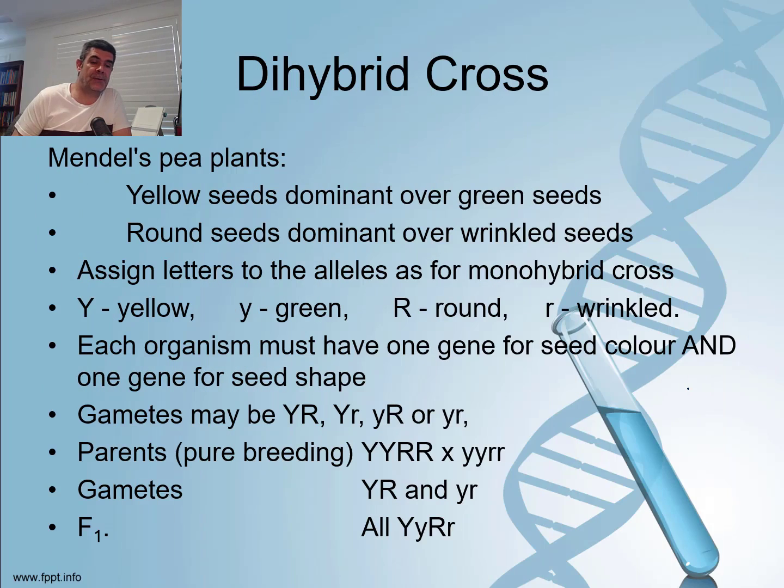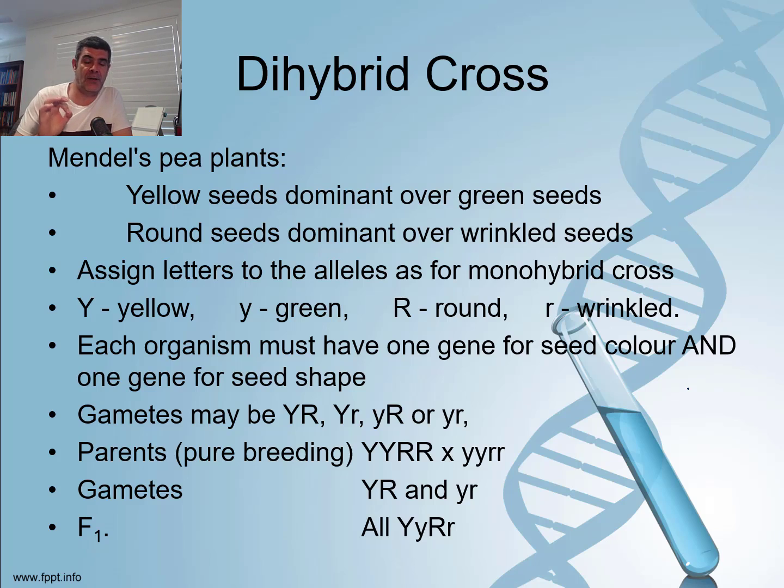When we look at Mendel's experiments, we know that he looked at a range of different types of characteristics of pea plants. When we were studying monohybrid crosses, we were looking at just one characteristic. So we could do the inheritance pattern for yellow seeds compared to green seeds. We could also work out the pattern of a monohybrid cross for round seeds and wrinkled seeds.